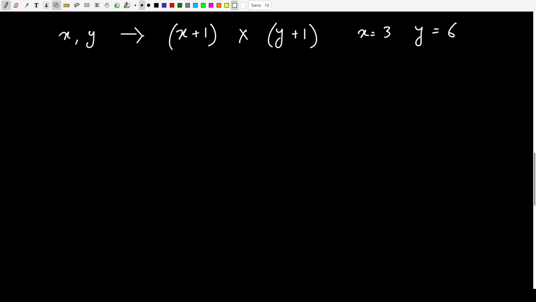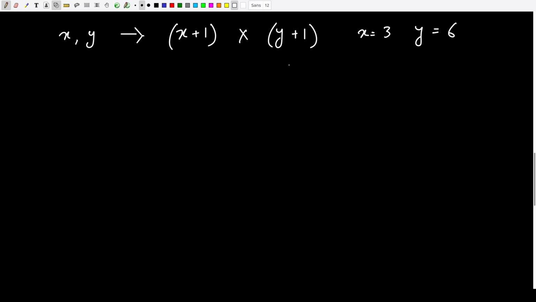So in the optimal solution, let us say x and y are the coordinates which are given to us. As we have discussed in the problem statement, we can consider this to be a matrix of size x plus 1 by y plus 1. And let us assume the value of x over here is 3 and the value of y is 6.